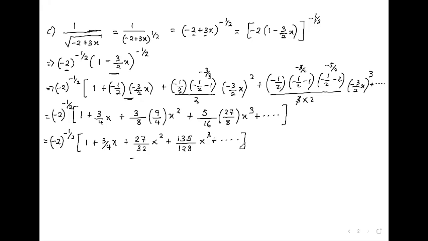So this will be our expansion. So don't get bothered about this negative in the root. It's okay, we'll just leave it there.